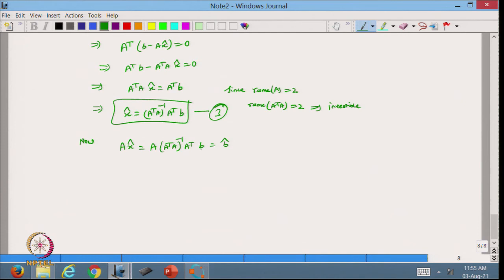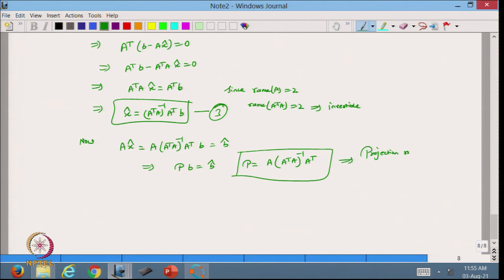Now from here I can write a projection matrix P, which I apply on b to get b hat, where P is the matrix A (A transpose A) inverse A transpose. This is called the projection matrix.